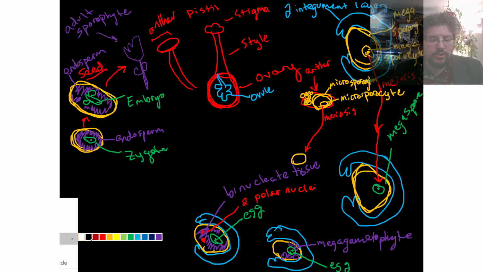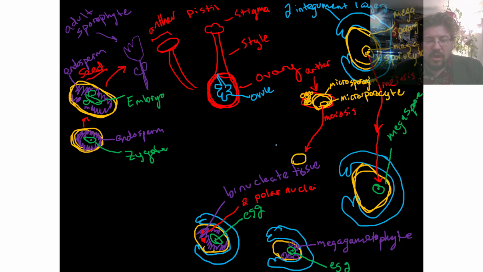Each of those 4 microspores, right, becomes a pollen grain.